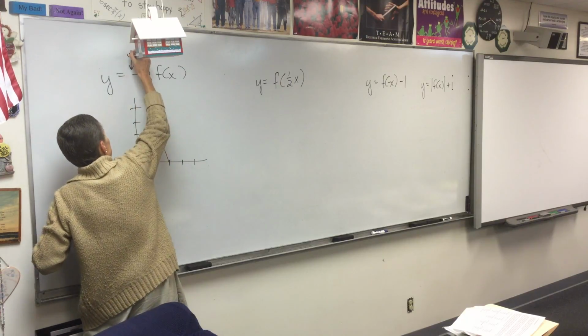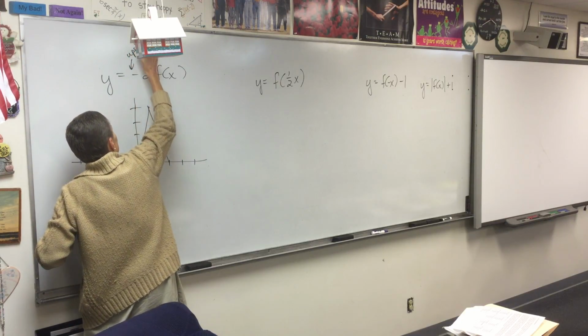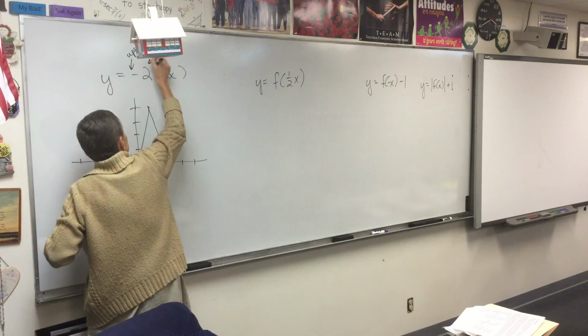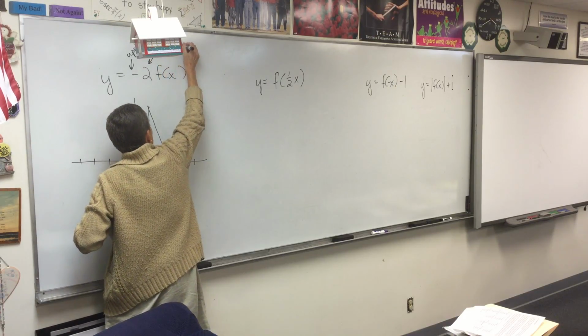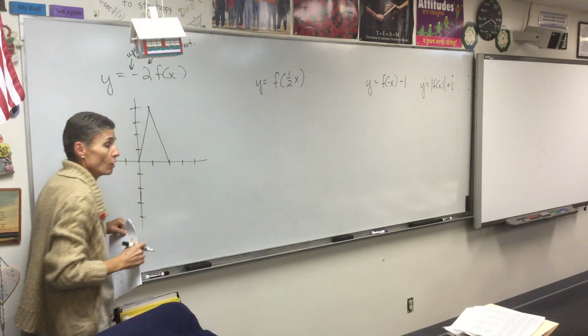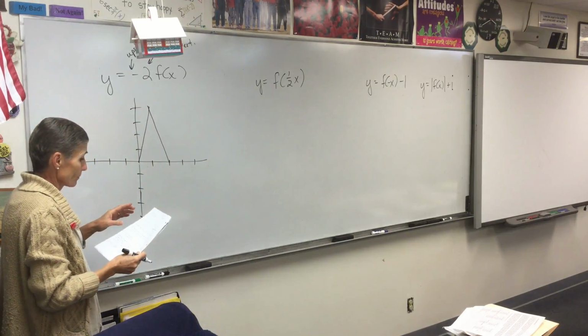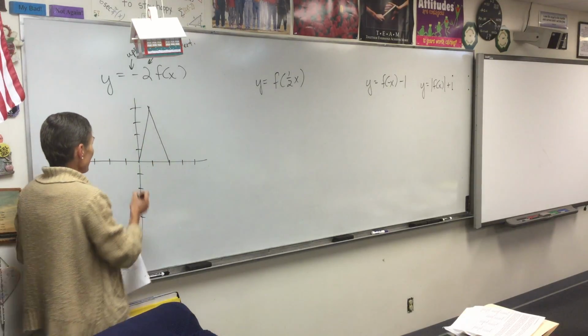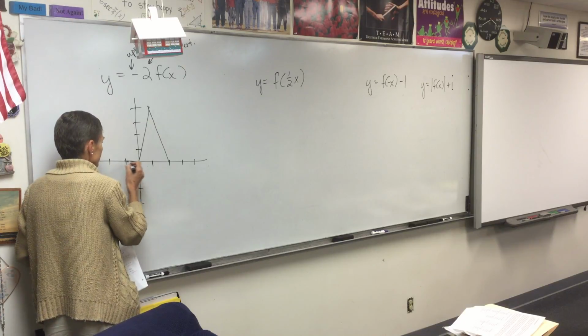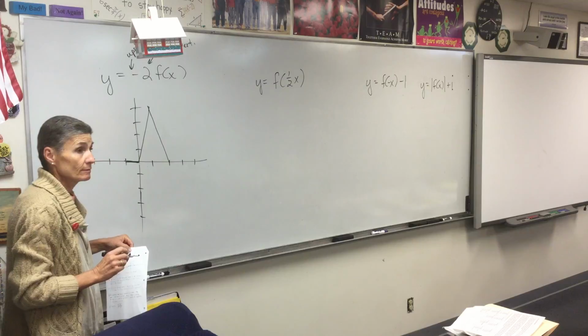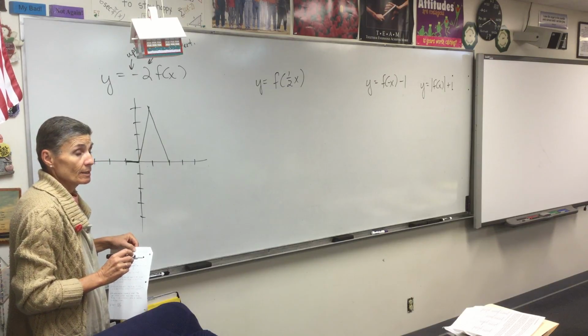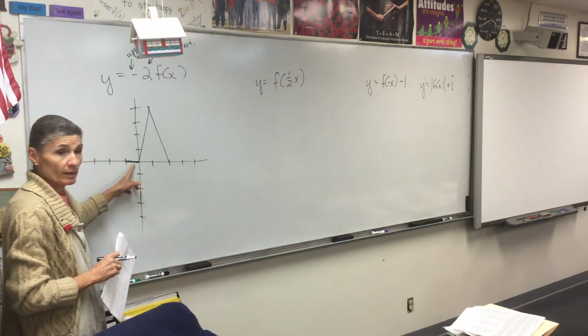Remember, this is taking you upside down, and this is making you 2 times as tall. Multiplies the vertical, makes you twice as tall. Now, how about this bar right here? He's going nowhere. What's his height? 0, right?